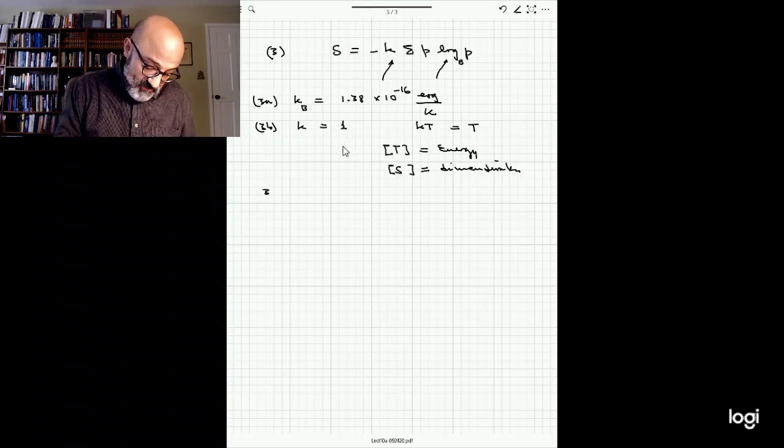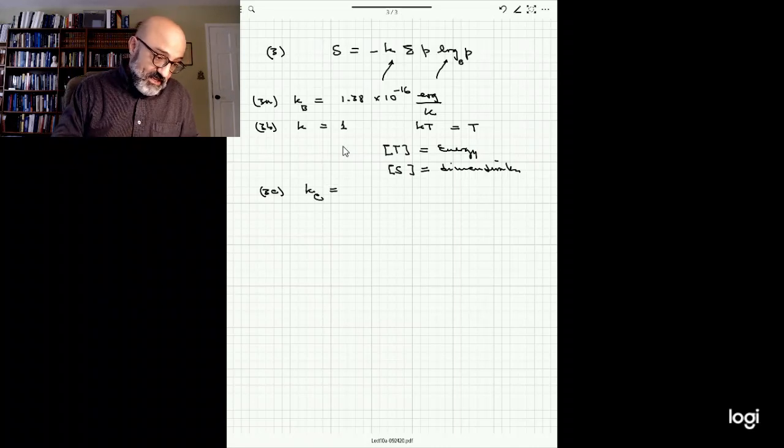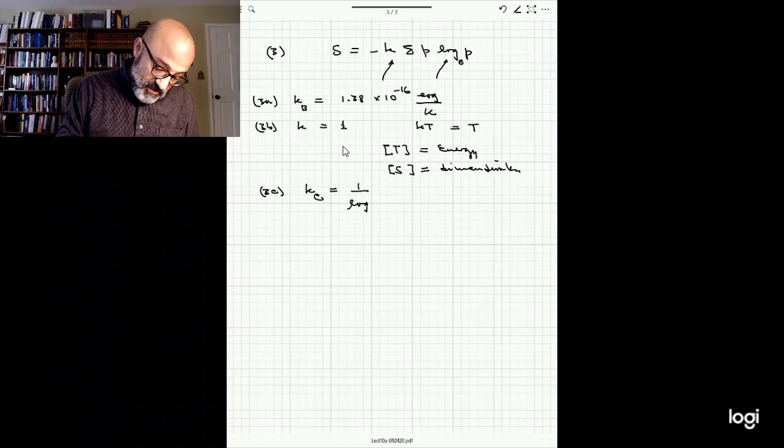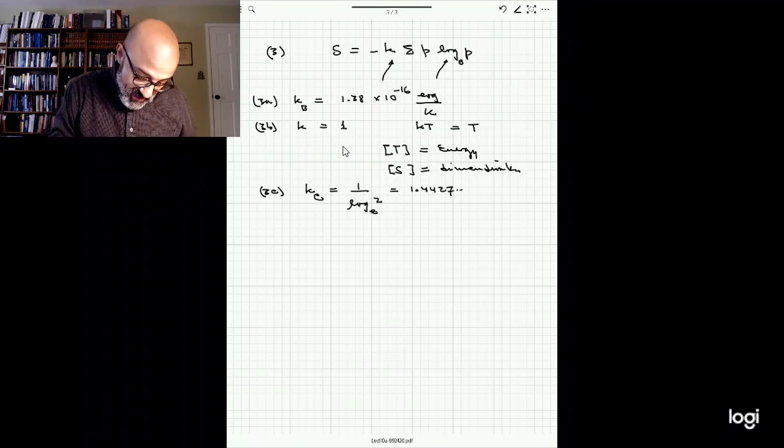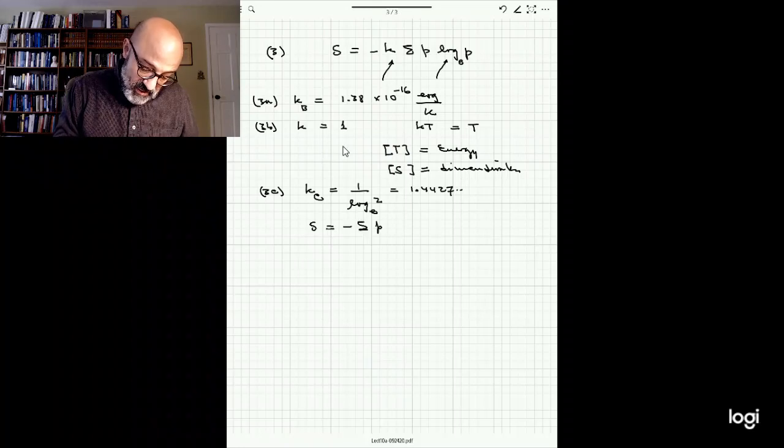In computer science, information science, and engineering, they like to choose k equal to 1 over the log of 2, which is 1.4427 and change. And under those circumstances, the entropy then becomes minus p log base 2 of p.